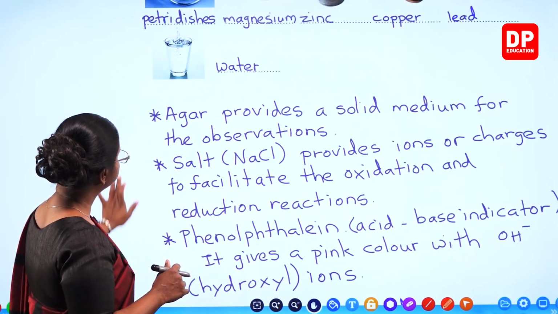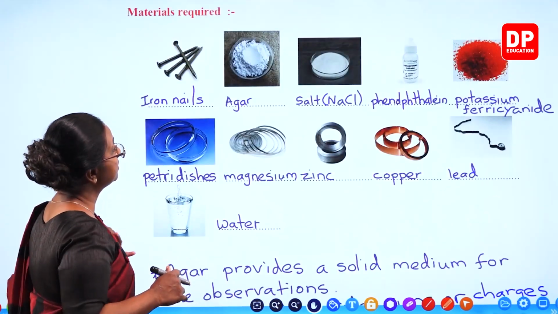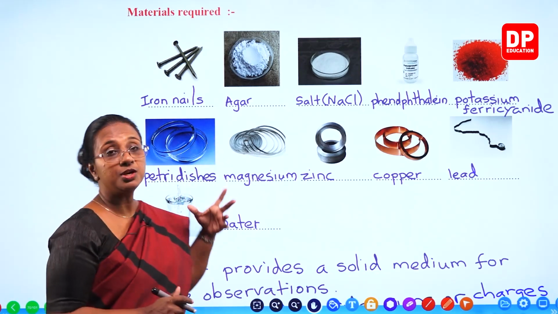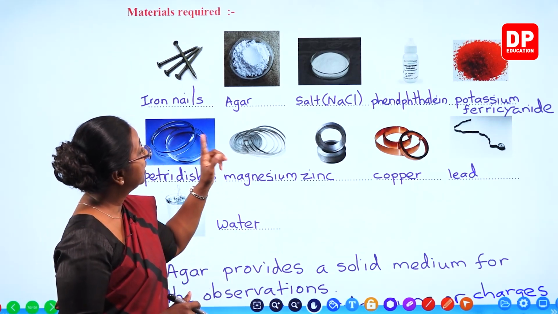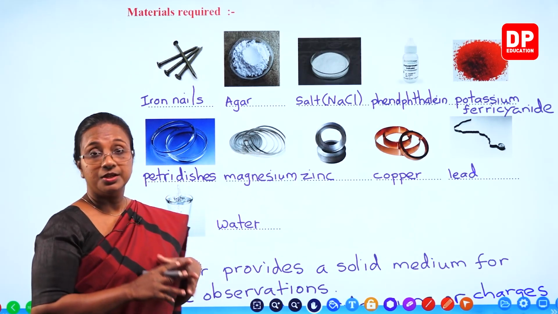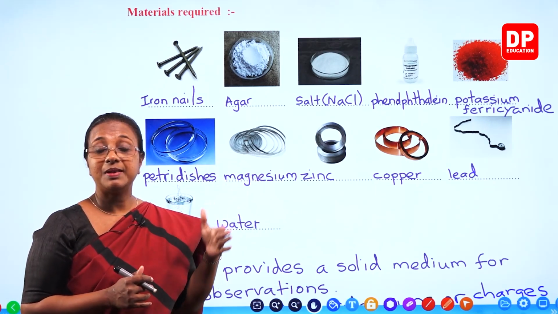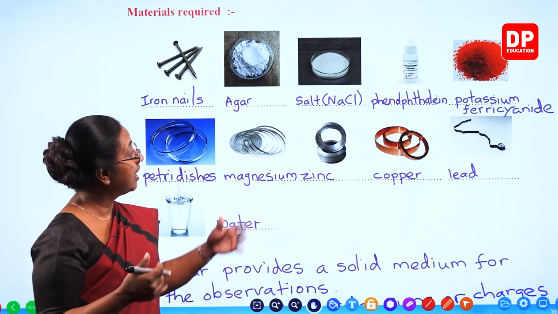So here, now you can see students, we have all these materials. We use agar to provide a solid medium. Then we use salt to facilitate the oxidation and reduction because salt, Na plus Cl minus, they are charges, ions.